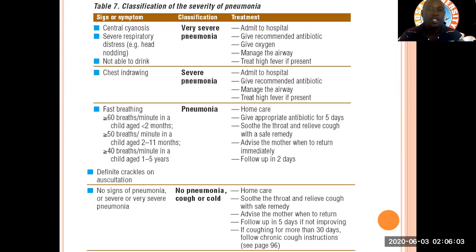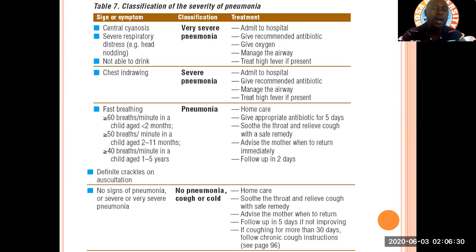When there is very severe respiratory distress, e.g. head nodding and being unable to drink, we also give the recommended antibiotic therapy. We'll give oxygen and manage the airway. You treat the fever if it is present, but it's something that is always present. If there are signs of chest indrawing, this is a form of severe pneumonia.